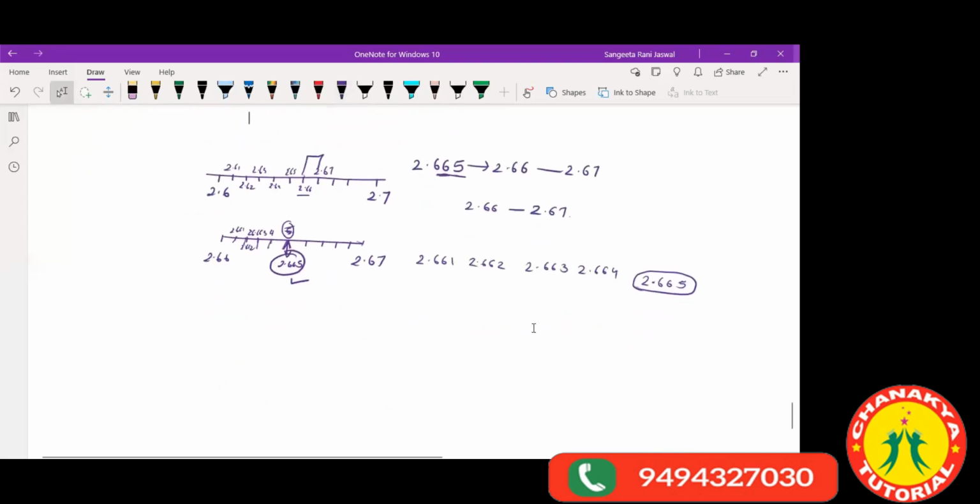Now, similarly, if I tell you to locate or represent 3.765 on the number line, will you be able to do it? First you will see the first decimal digit, 3.7. It lies between 3 and 4.